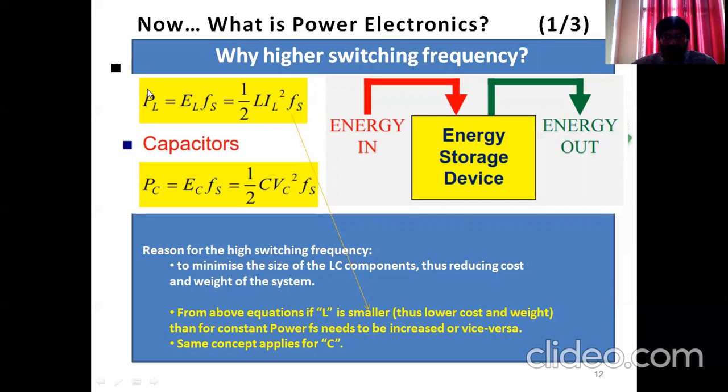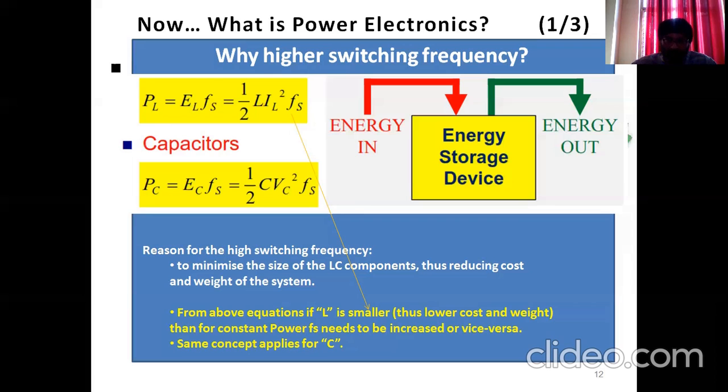For the same power rating of a power electronic system, if we increase inductance, we need to decrease the frequency. But if we increase the inductance value, we need a huge and bulky inductor, expensive, costly, high weight, less efficient, and all this.